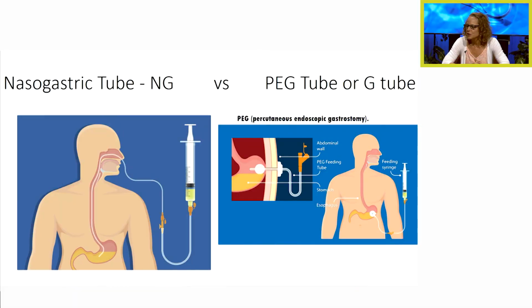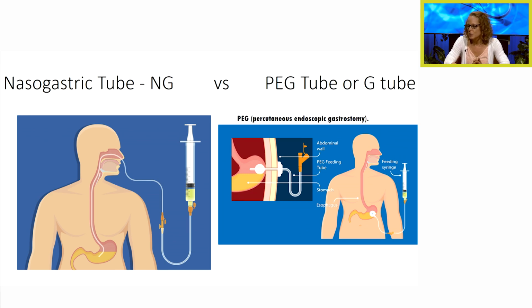I thought I would just jump on today and give you a little talk about the difference between nasogastric tubes and PEG tubes, or G tubes. A nasogastric tube is a tube that is inserted through the nose, all the way through the nose, down through the back of our throat, into our esophagus, down into our stomach.